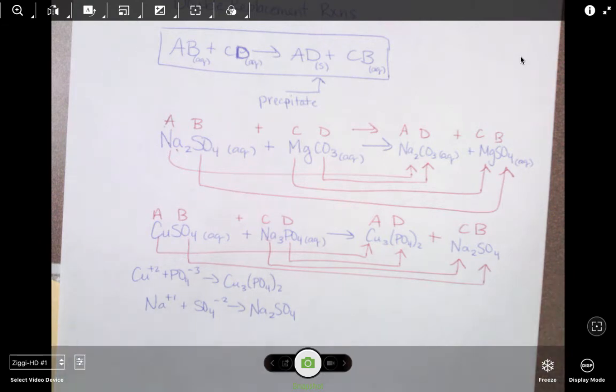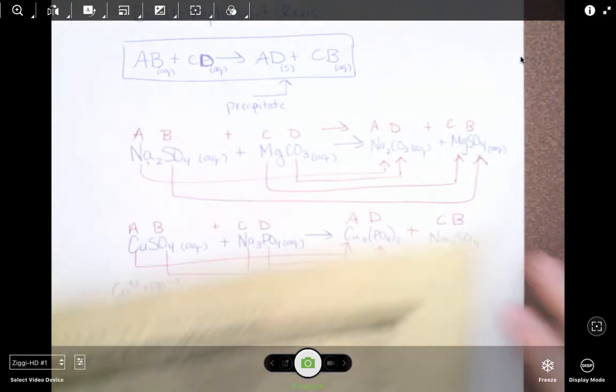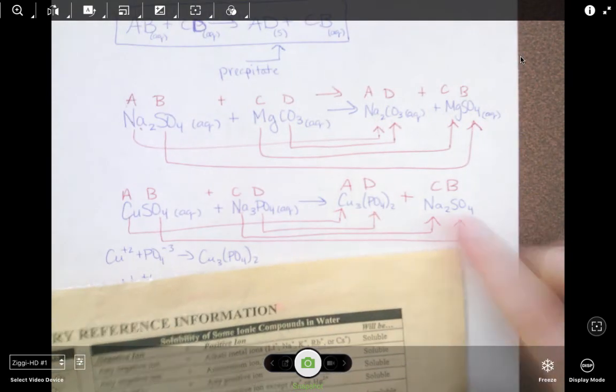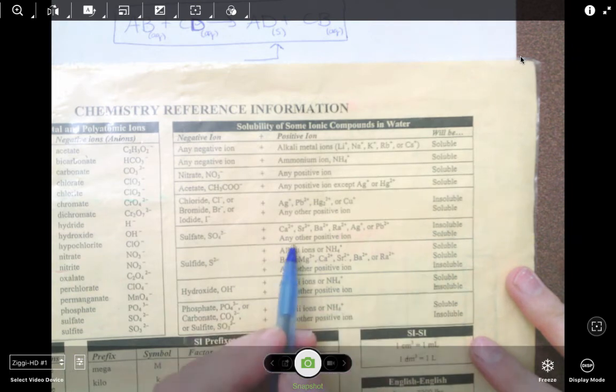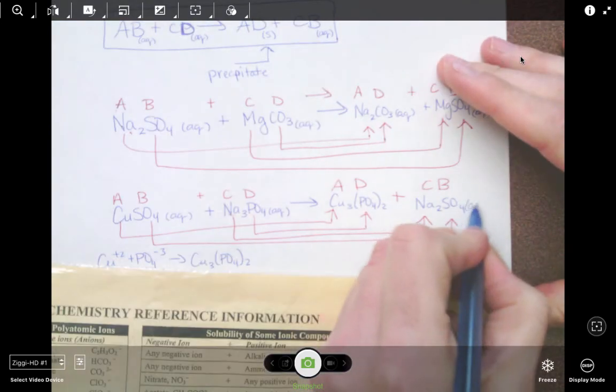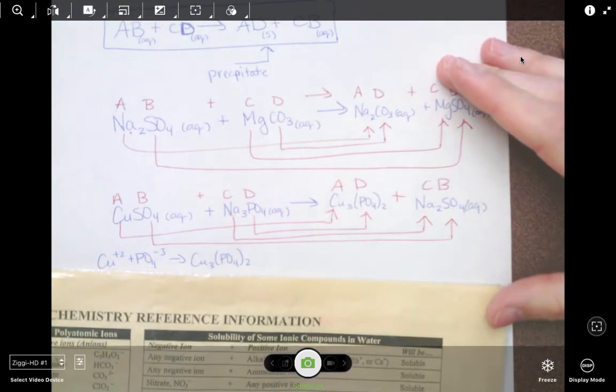All right, so then let's look at our solubility chart. We're going to be looking for copper phosphate and sodium sulfate. So let's do sodium sulfate first because I found sulfate. Sulfate plus any of these is insoluble. Sodium is not on this list, therefore it is going to be soluble, which means that it's an aqueous solution.